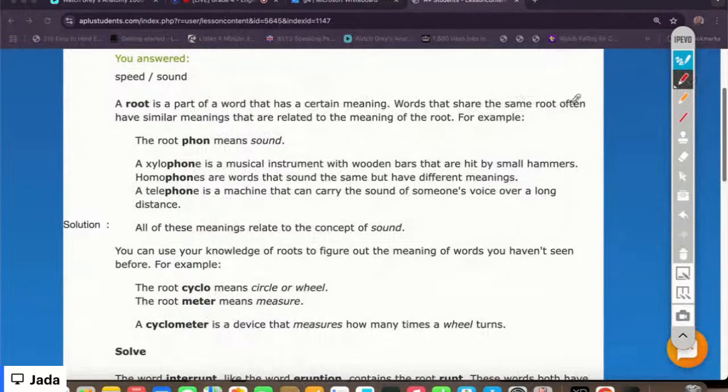Words that share the same root often have similar meanings that are related to the meaning of the root. For example, the root phone means sound.